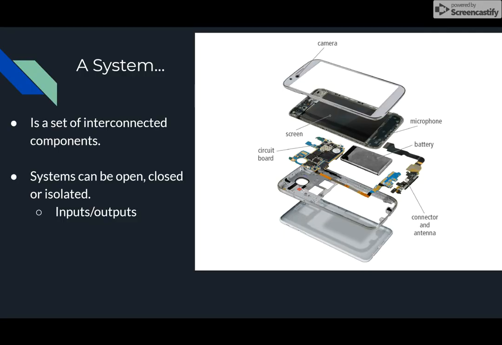The output is something that is produced by the system. So in an open system, those things move freely. Inputs can include energy or matter in this case. Outputs, same thing, energy or matter. In a closed system, inputs and outputs are limited in some way.